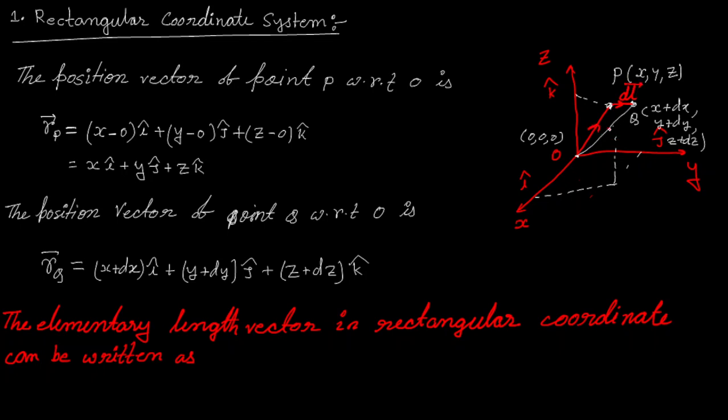This will be rp vector, this will be rq vector, and if this is the dl vector, then from the vector addition law we can simply write rp plus dl is equal to rq.